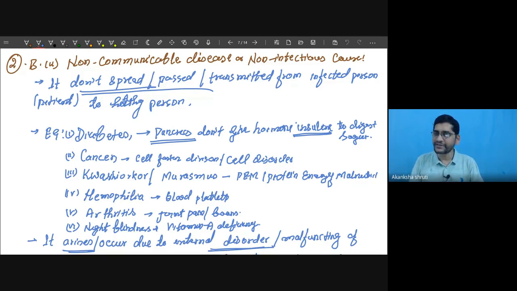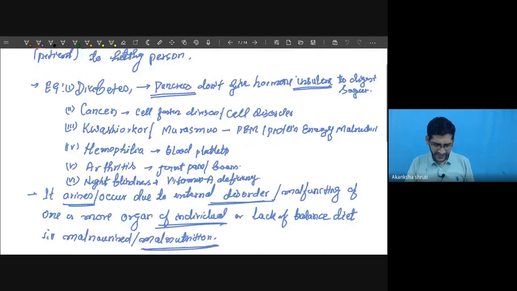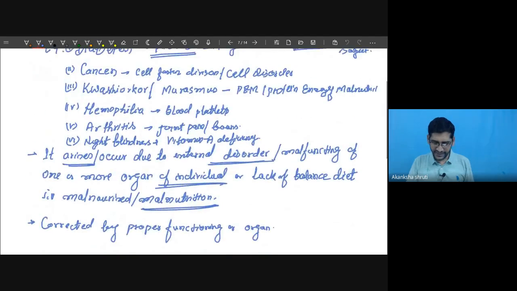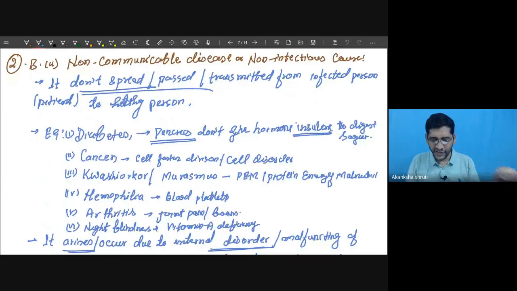As a result, diabetes occurs. So diabetes is non-communicable. Even if you come in contact with a person having diabetes, you will not get diabetes. There are many more, like cancer, hemophilia, arthritis, night blindness, etc. These arise due to internal disorder. This can be corrected by proper functioning of that organ, by treatment.